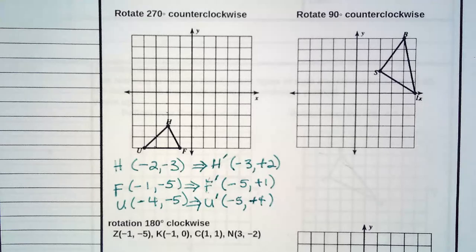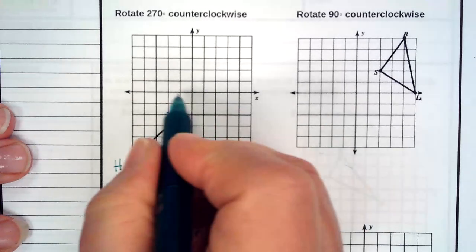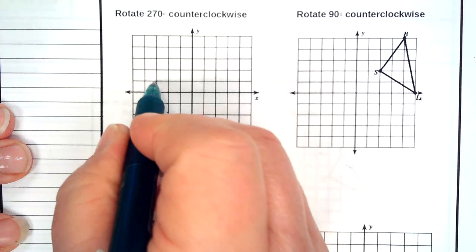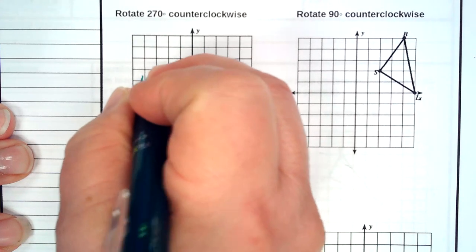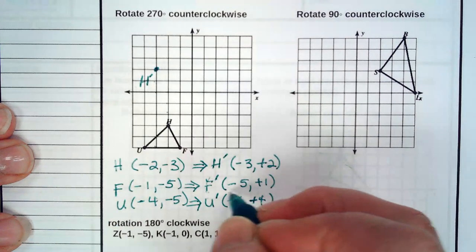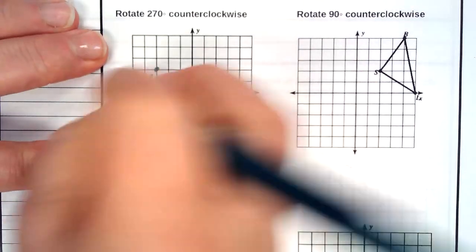Now let's graph. -3, 2. This is my H prime. -5, 1. I'm going to have to move it.